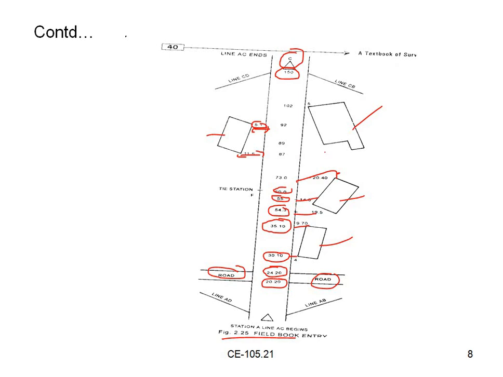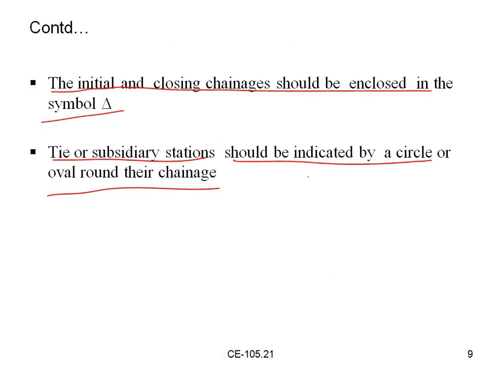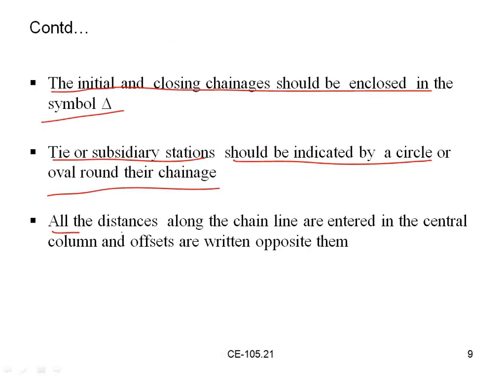Here it is not kept. All the distances along the chain line are entered in the central column, and offsets are written opposite them.